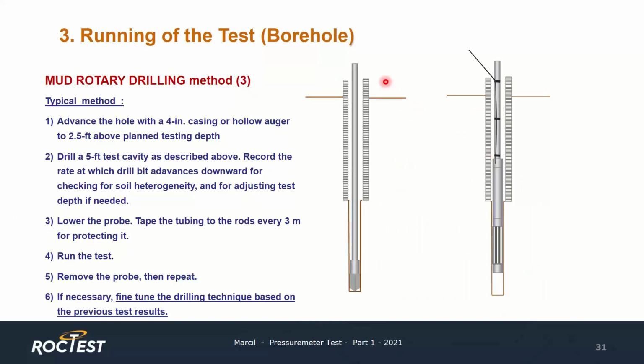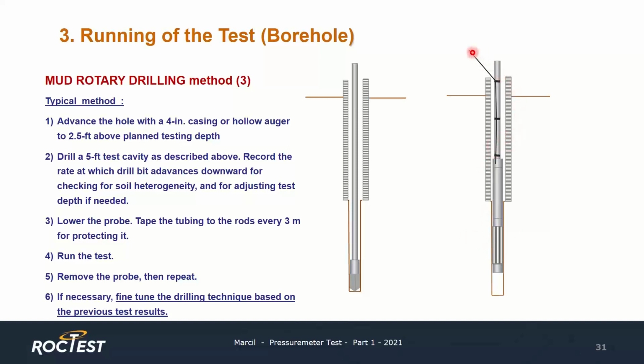A typical method consists in advancing the borehole using a 4-inch casing or hollow auger to about 2.5 feet above the planned testing depth. Then the test cavity is drilled and the probe is lowered into the ground.